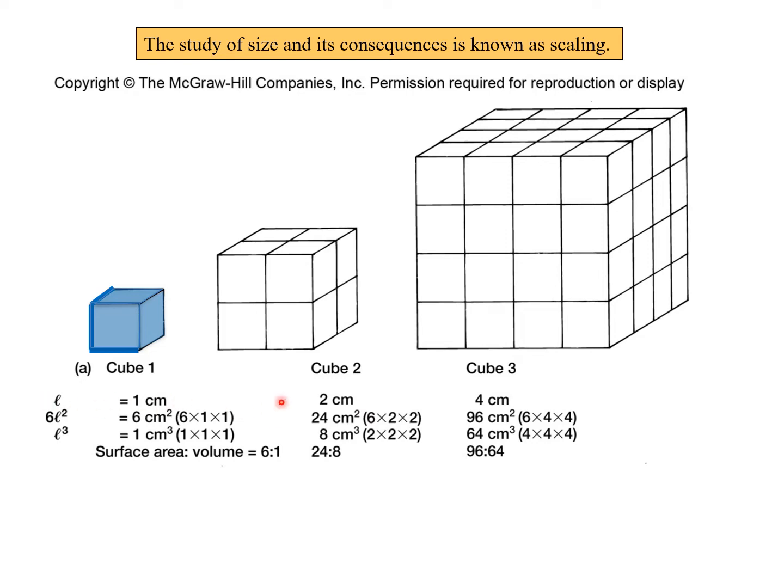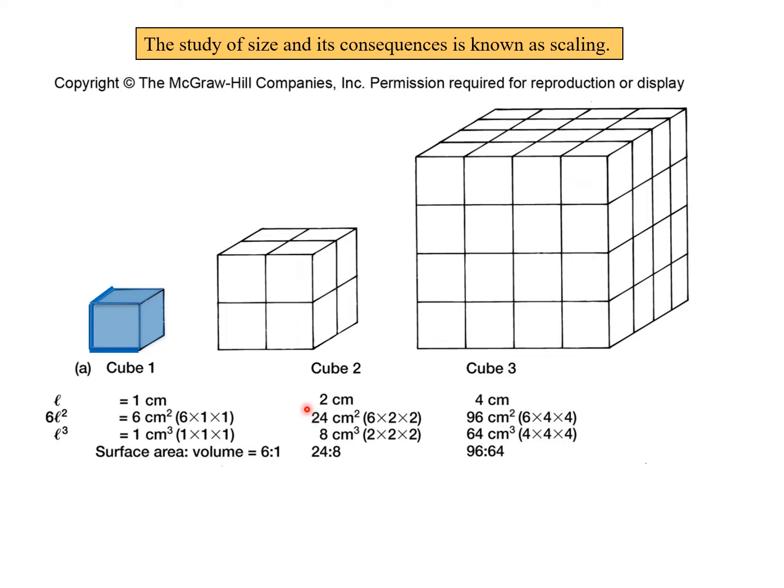So the length doubled, but the surface area went up by a factor of 4. And the volume would be 2 centimeters multiplied by 2 centimeters multiplied by the depth, 2 centimeters. So that's 8 cubic centimeters. So the volume increased by 8, surface area increased by 4, length increased by 2.